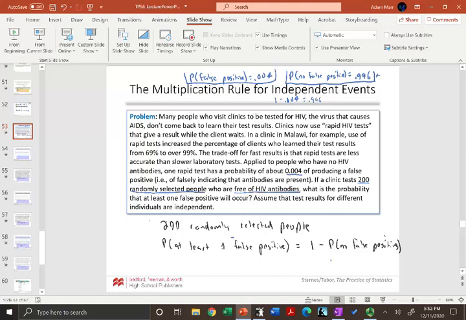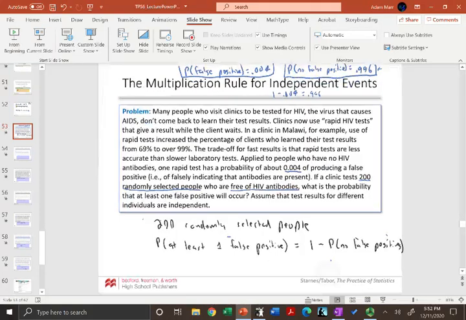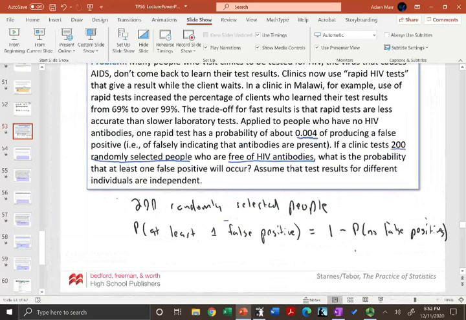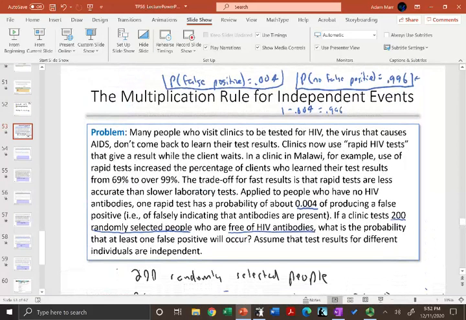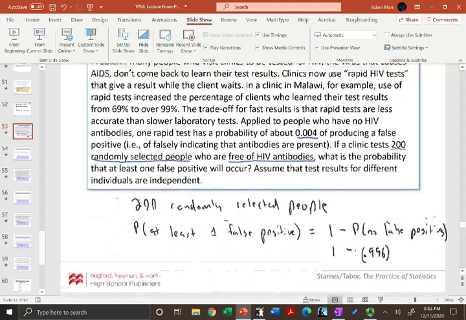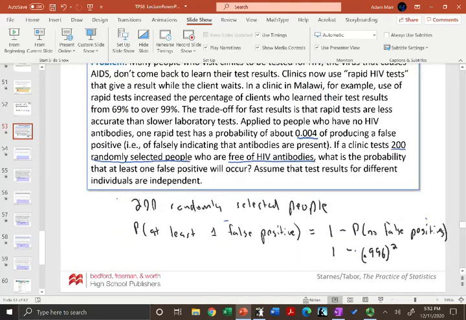For one single person, it is 0.996. Sadly, we have a lot more than just one person. We have 200 people, so we're going to say 1 minus 0.996. This is where the general multiplication rule comes in. For one person it's 0.996, but we have 200 people, so to the 200th power.